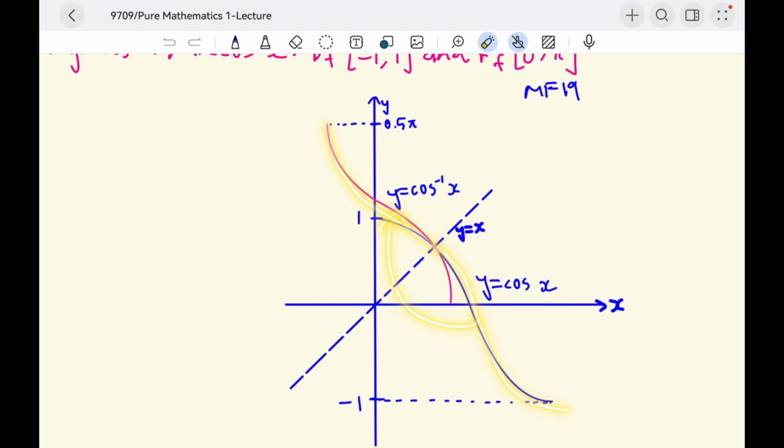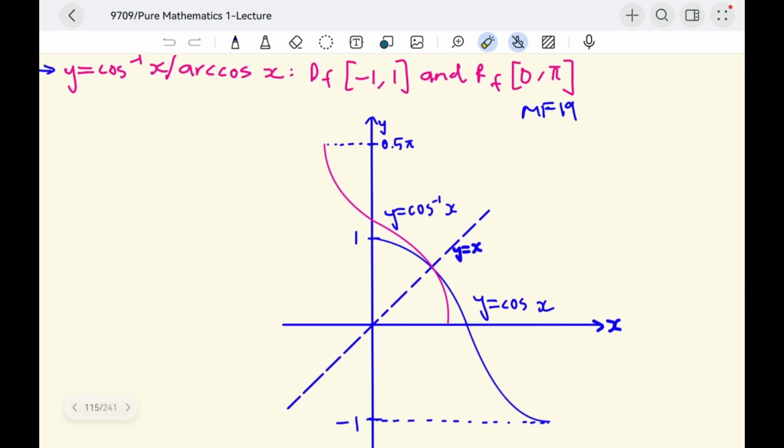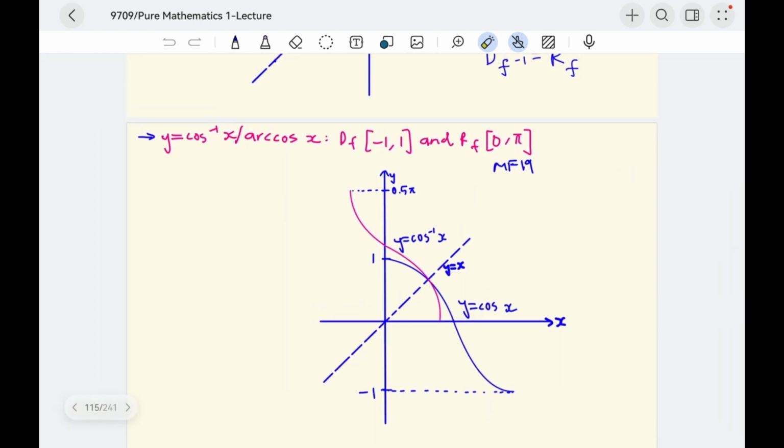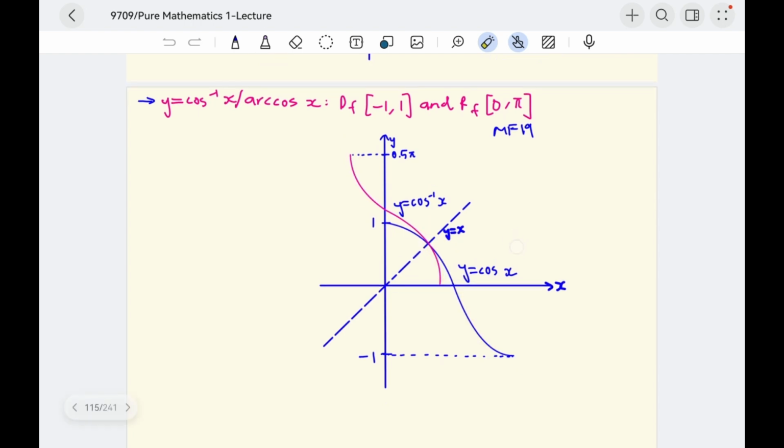As long as you obey the interpretation, the inverse function must obey a reflection, where the dashed line y equals x is your axis, to clearly relate cos x and arc cos x.